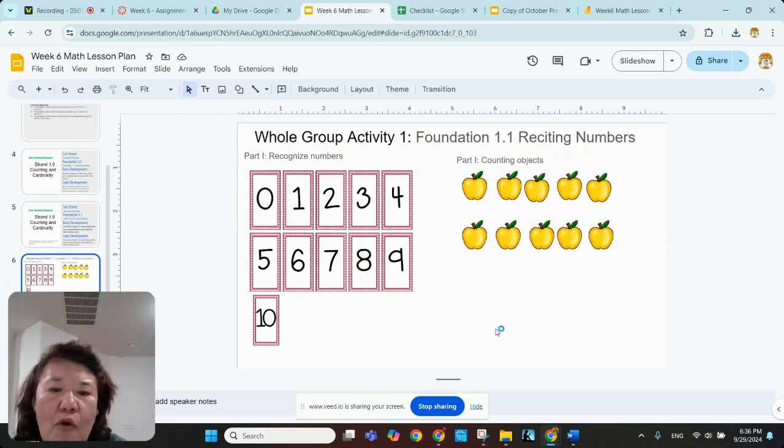For example, some of my students count 1, 2, 3, 4, 5, 7, 7, 8, 9, 10. Or some count 1, 2, 3, 4, 5, 6, 7, 9, 9, 10. So instead of repeating certain numbers and missing others, I want everybody to count from 1 to 10 without missing or repeating any number.